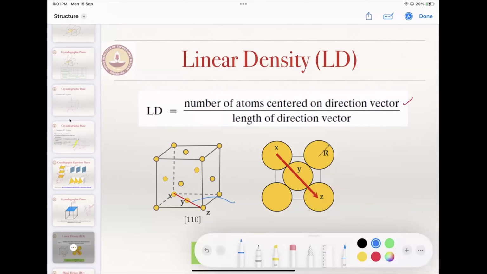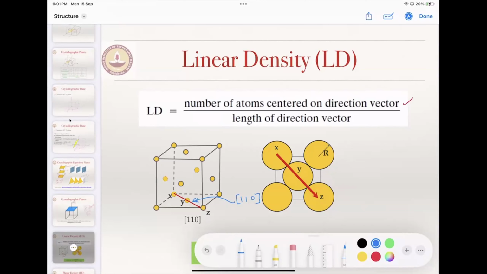What is the direction, by the way? Is it clear that that is the 110 direction? Along the XY plane, therefore 0 on Z. So there is no ambiguity whatsoever, right?